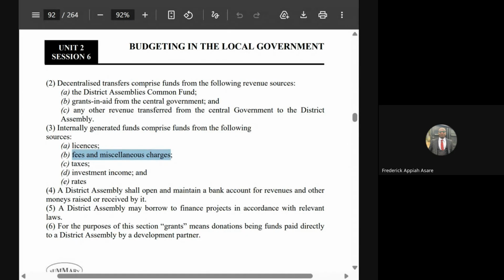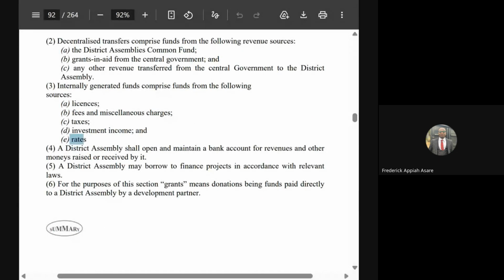When you go to court, when they charge you fees, or when you do something and they charge you fees; taxes, like property tax; investment income. So if they themselves decide to invest something, the income that they get from the investment is what investment income talks about. Rates, property rates, also fall under this. So all these sources also fall under the internally generated fund.